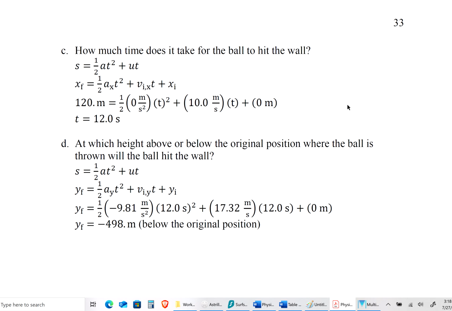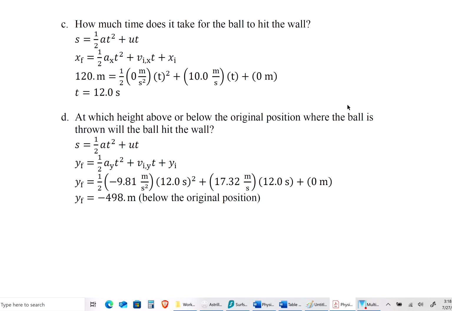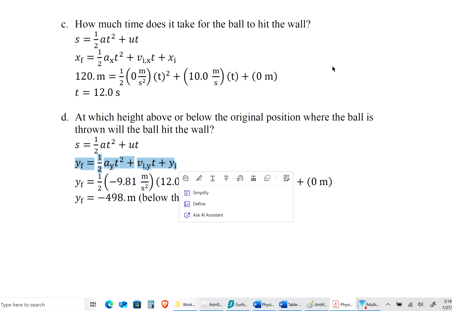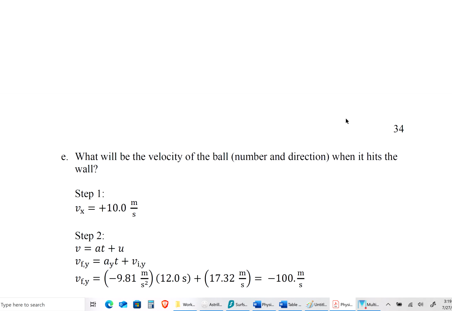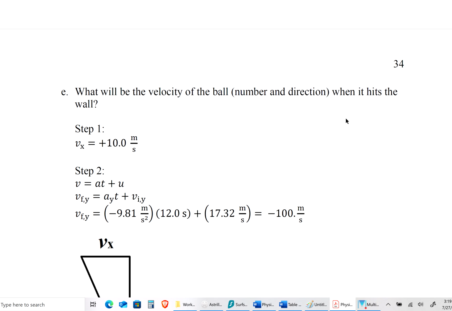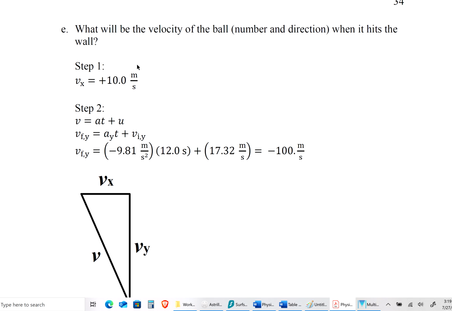Part D. At which height above or below the original position where the ball is thrown will the ball hit the wall? It says at which height. So that means we're going to use a vertical equation with vertical variables. Part E. What will be the velocity of the ball when it reaches the wall? So first find v sub x when it reaches the wall.